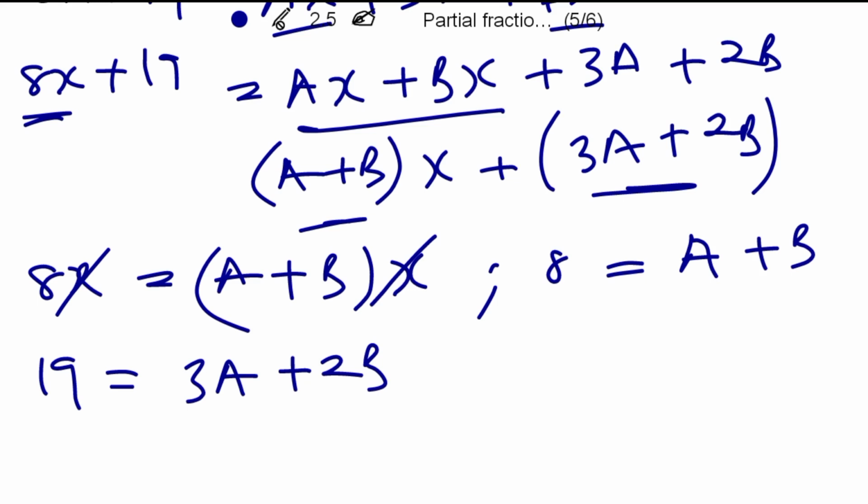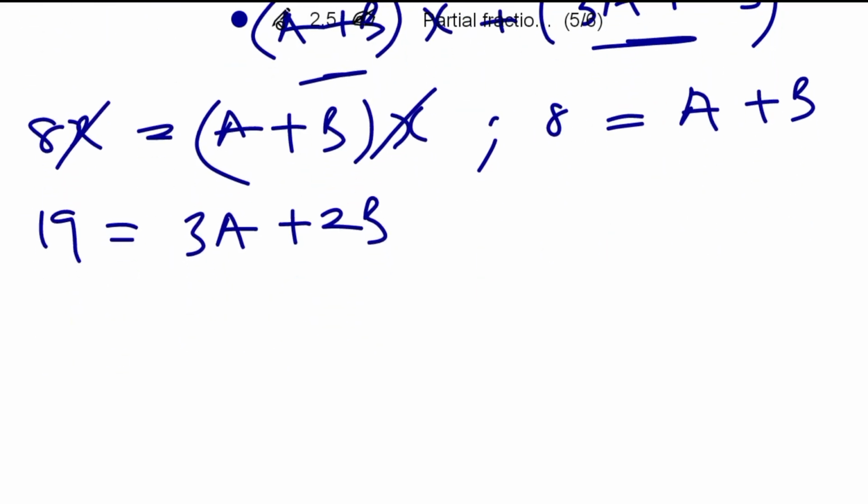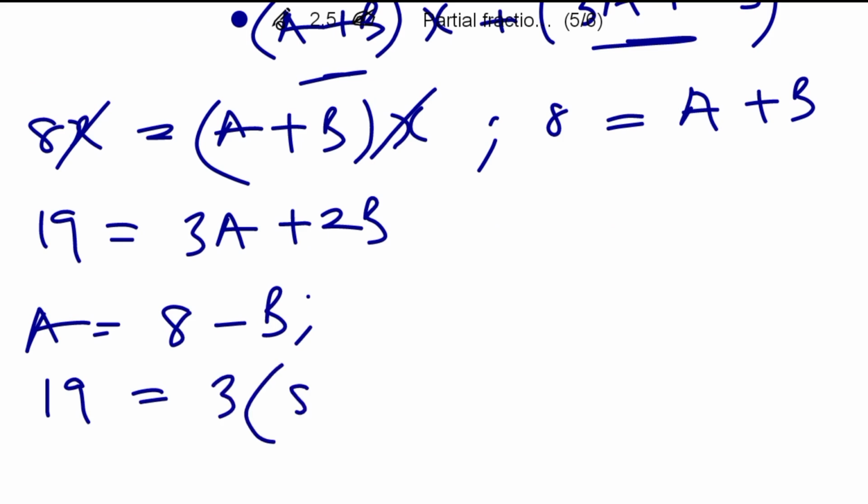What I want to do is make a the subject of the formula, so I know the value of a, and after knowing a, we can solve for b. So a equals 8 minus b. I substitute it into 19 equals 3a plus 2b, which is 3 times (8 minus b) plus 2b.